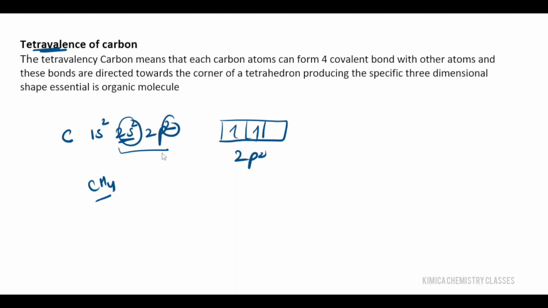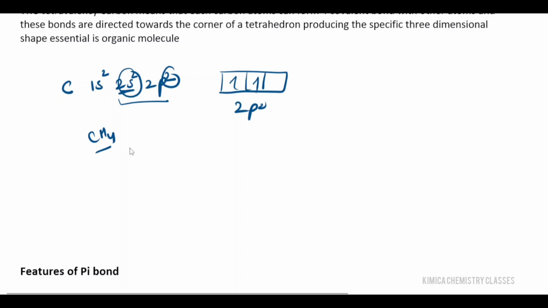But what happens is that one electron from the 2s orbital gets promoted to the empty 2p orbital, and now carbon has four unpaired electrons and their electronic configuration is 2s1 and 2p3. So this is just the starting point of tetravalency hybridization.